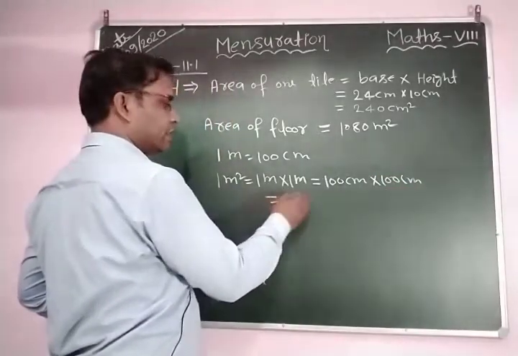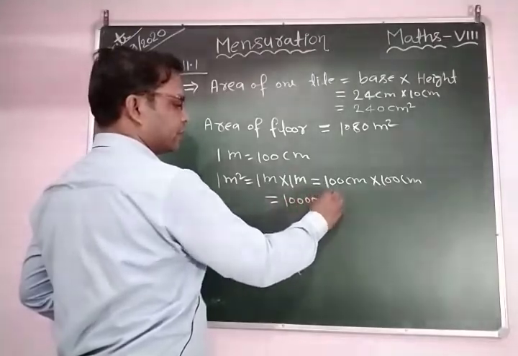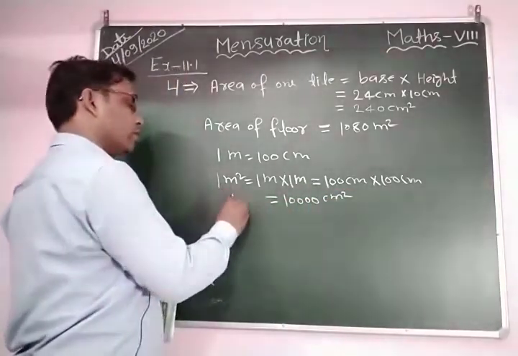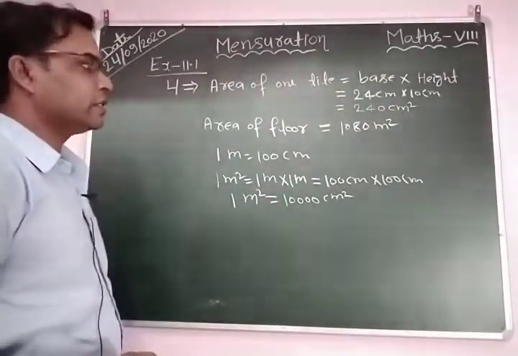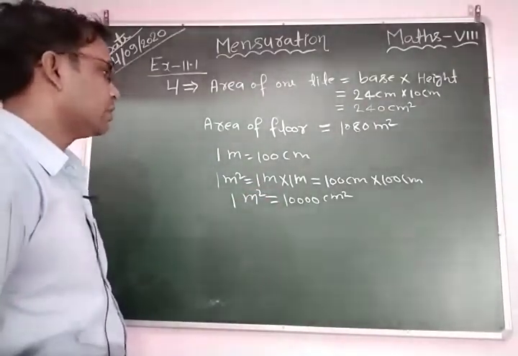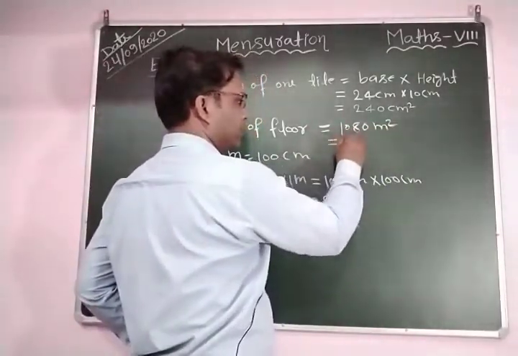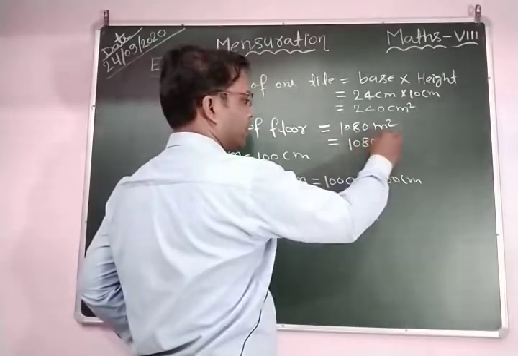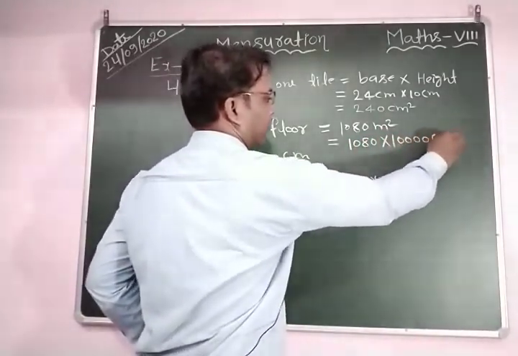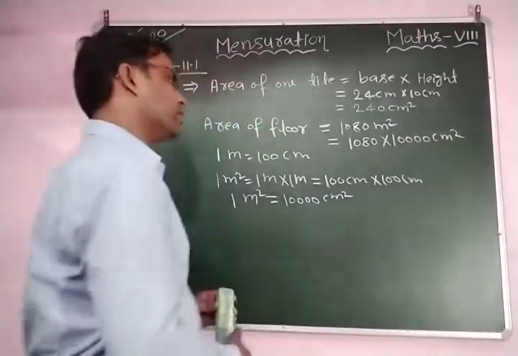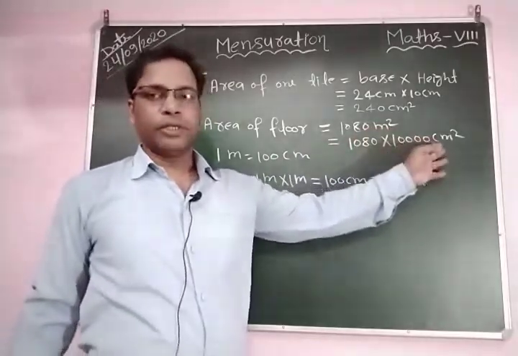So you can say this is equal to 10,000 centimeter square. 1 meter square is equal to 10,000 centimeter square. So the area of the floor is 1080 into 10,000 centimeter square. In this way you convert meter square into centimeter square.